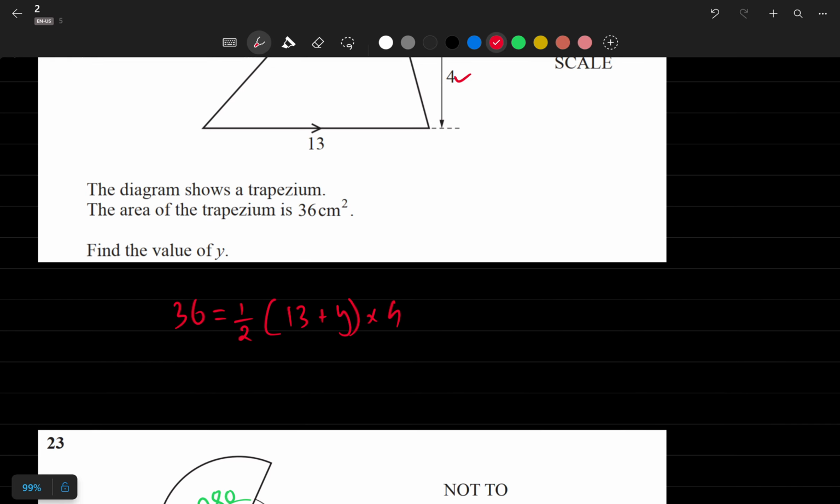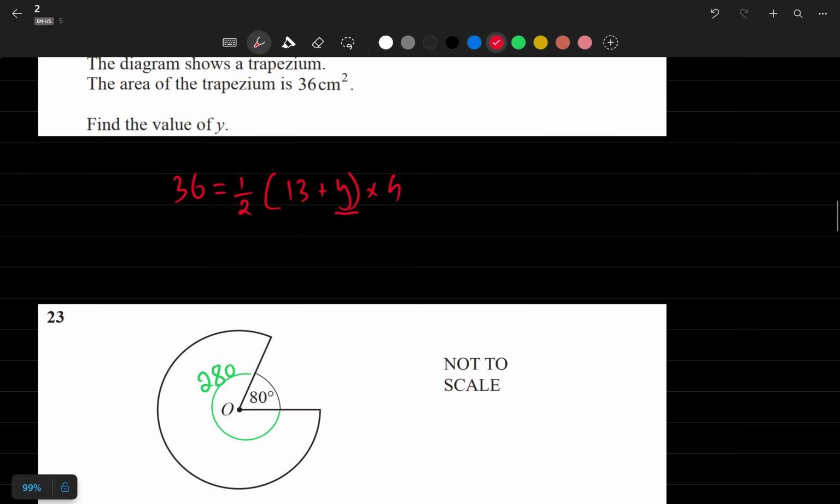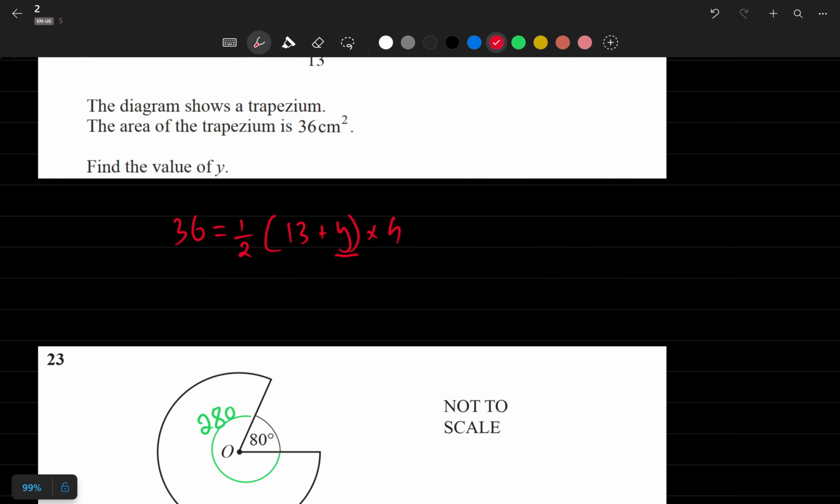Okay, now you have to make y as your subject to find the answer. So let's first multiply this 2 with 36. So 36 times 2. Now you have 4 here which is being multiplied. If you move it to the other hand side of equal, this will be divided, which is equal to 13 plus y.